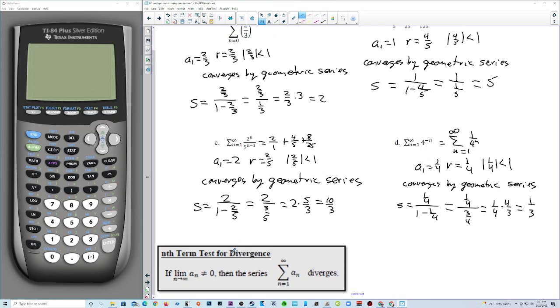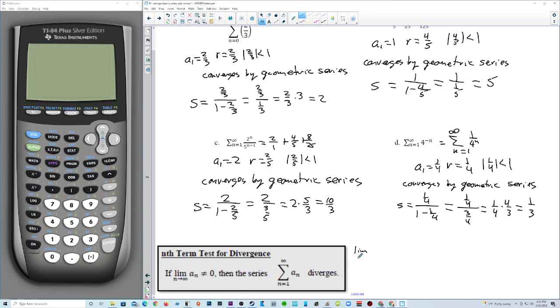Nth term test for divergence. If the limit as n approaches infinity of a sub n does not equal 0, then the series diverges. Let's do it this way.